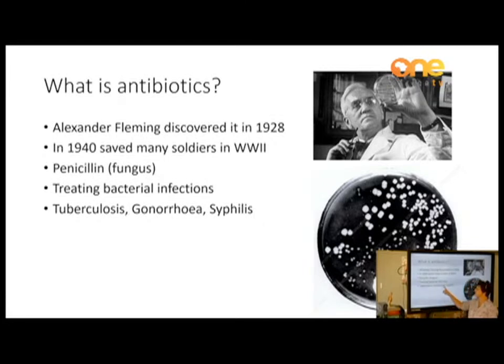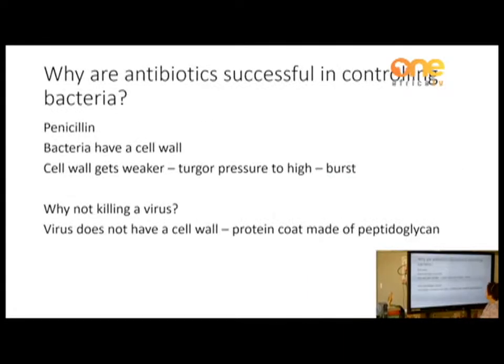Tuberculosis, gonorrhea, syphilis are some of the bacterial infections that we have studied throughout our grade 11, grade 12 biology career. Antibiotics are successful in controlling bacteria because the one that we know, antibiotic penicillin, can make the cell wall of the bacteria grow weaker.